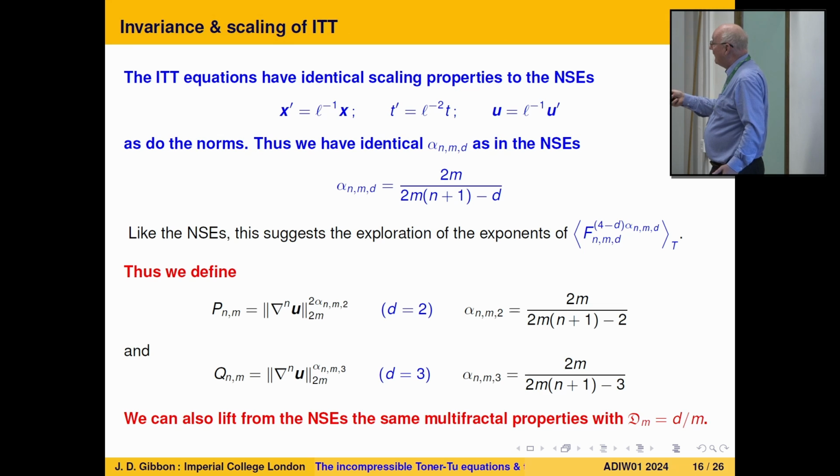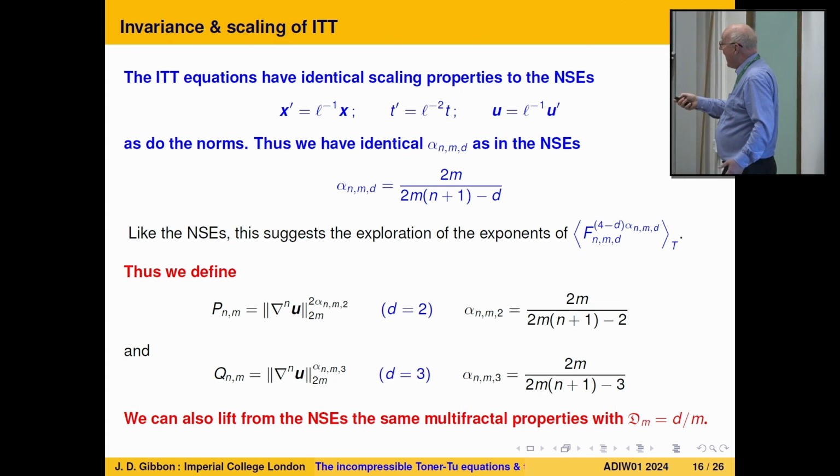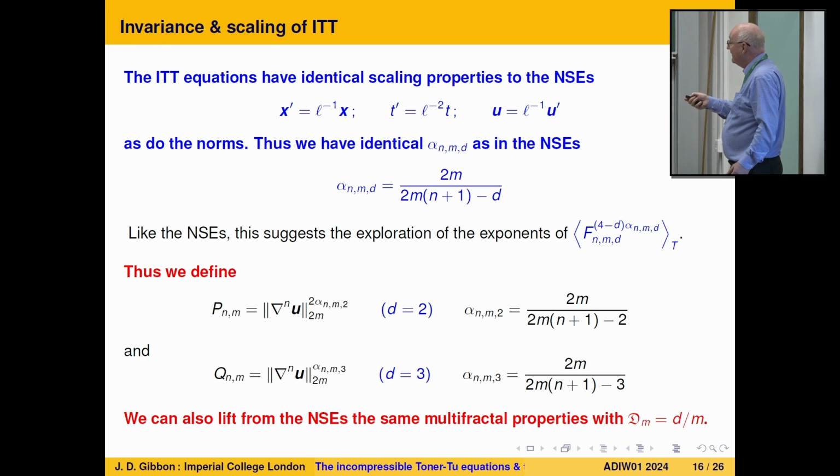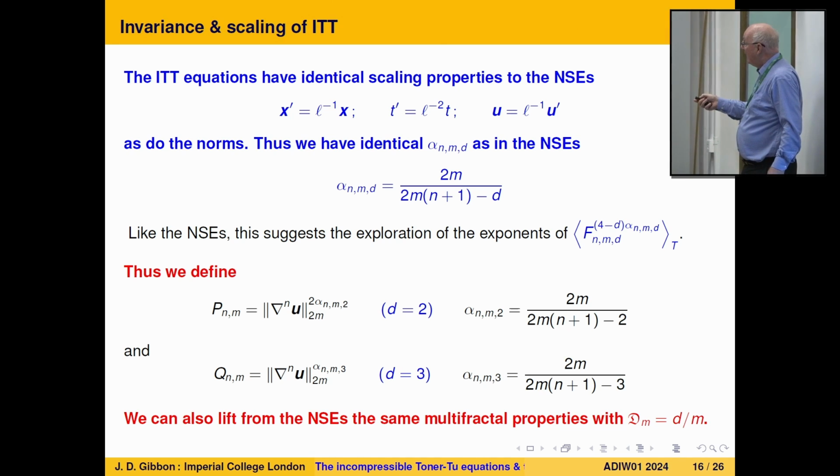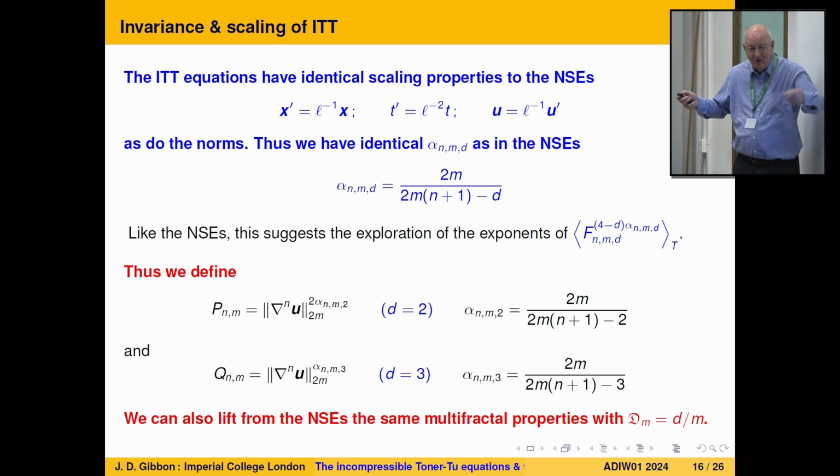And I've got my alpha 2m over 2mn plus 1 minus d, okay? You do all the work, and I'm not going to do it, and essentially that theorem I wrote down 3 slides ago, where I've got a time average of f to the 4 minus d alpha, is essentially true for the Toner-Tu 2 equations.